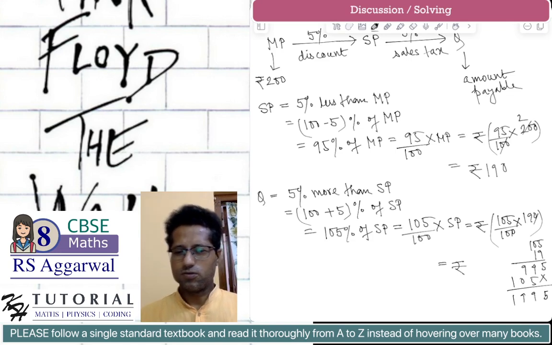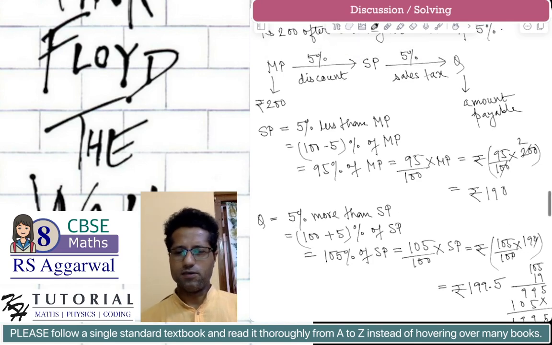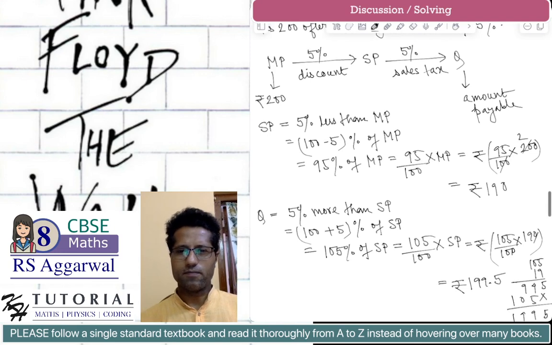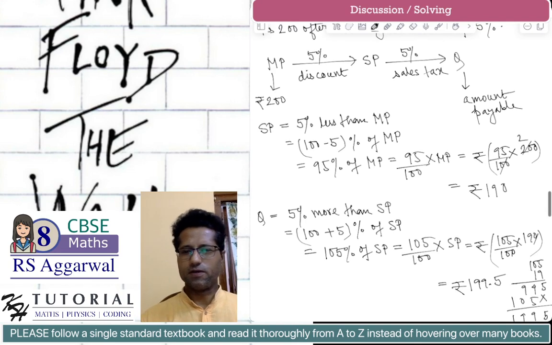Okay, so this is rupees 199.5. So the final amount payable is rupees 199.5, based on the selling price of rupees 190.